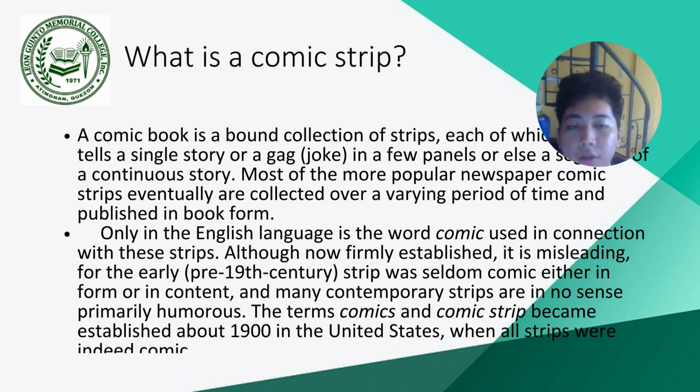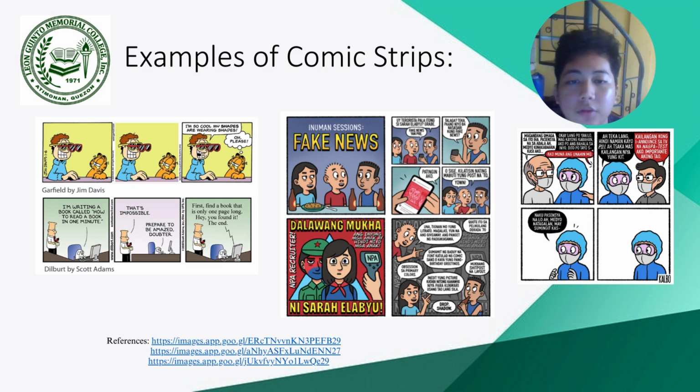Only in the English language is the word comic used in connection with strips. Although now firmly established, it is misleading, for early pre-19th century strips were seldom comic, either in form or in content. So we have a few more examples of comic strips that can usually be found in newspapers and magazines.